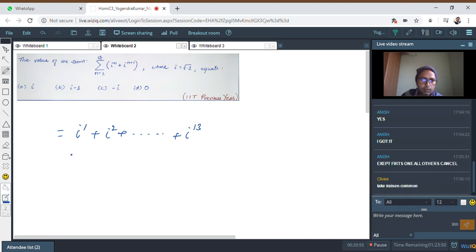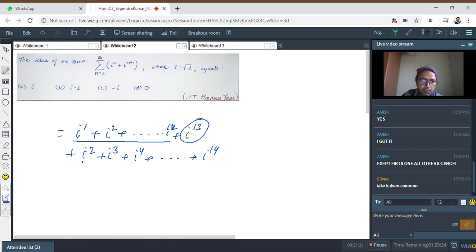Then the other part, the second term, will start i power 2, i power 3, i power 4 and so on till i power 14. So here, if you make the combination till i power 12, only i power 13 will be left out.